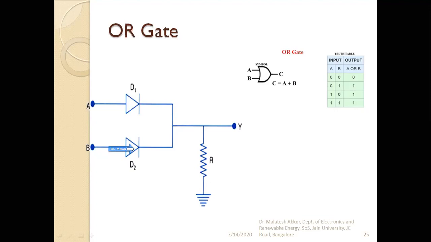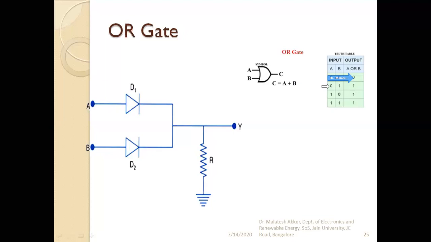Unbiased means the potential is the same on either side, maybe both 0, so the diode will be off, in other words they won't conduct. So no current flows when A is 0 and B is 0, therefore no voltage across the resistor, hence the output voltage is 0. So when A is 0, B is 0, the output is also 0.